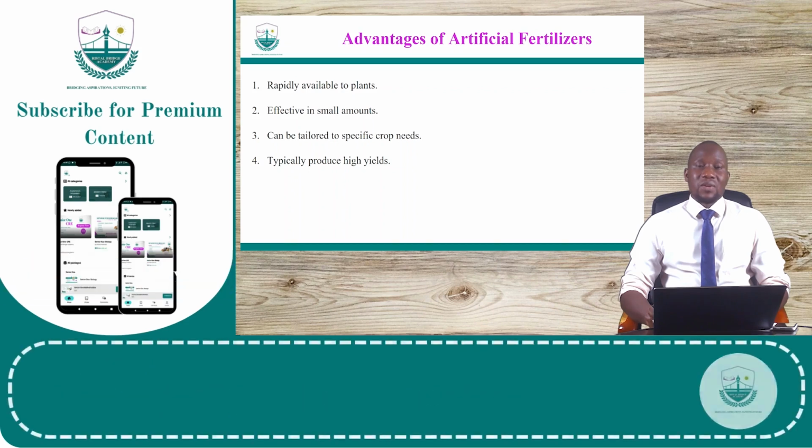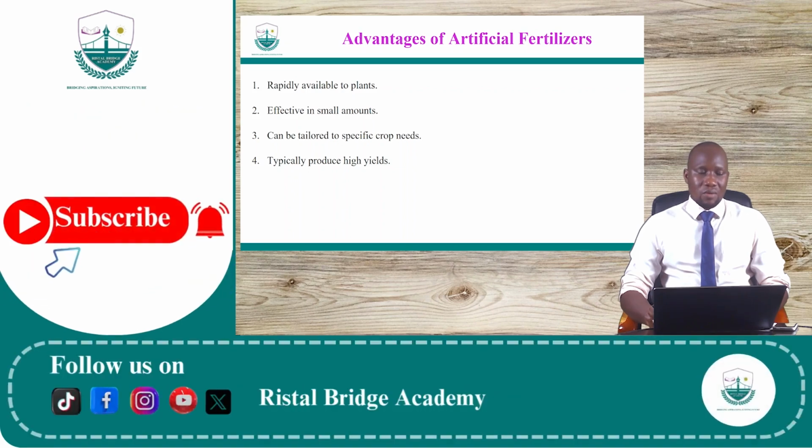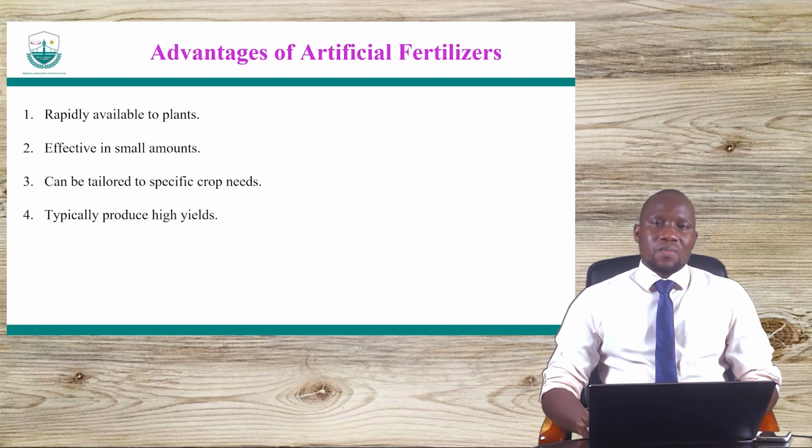That means that they are readily available to the plants or the crops, and you also need to apply a little quantity because there's a high concentration of these nutrients, so you don't need to apply a lot for these crops.